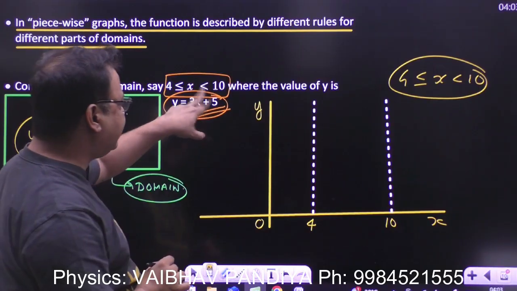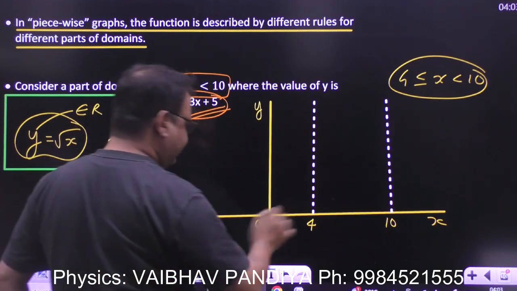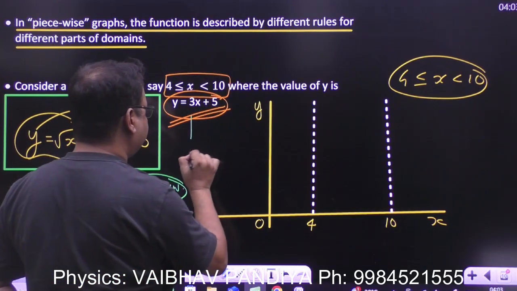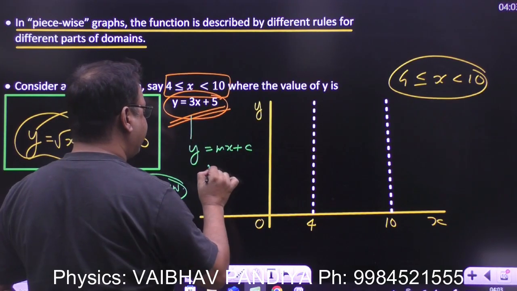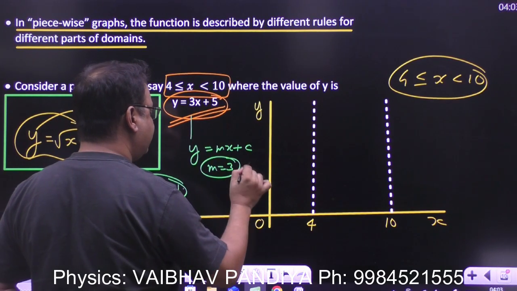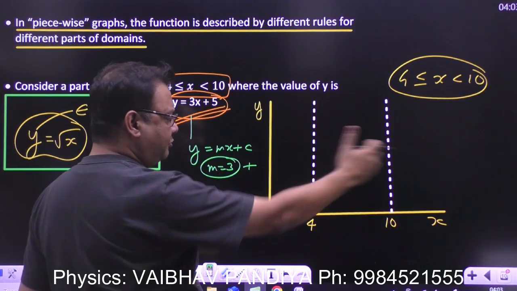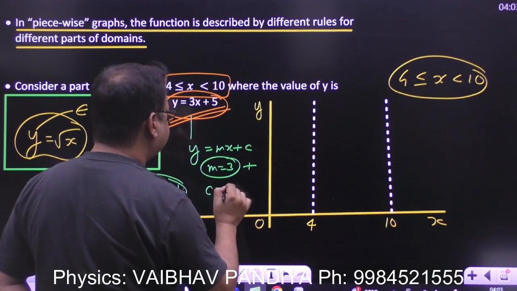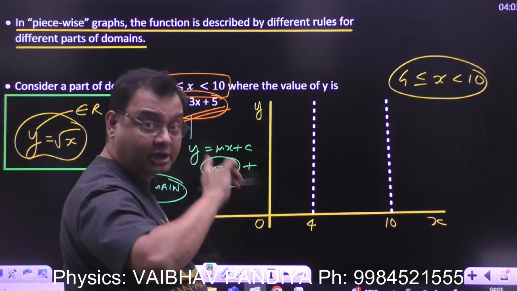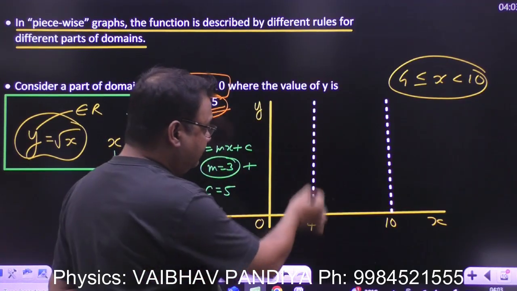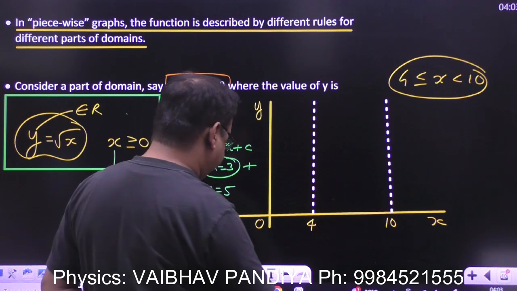Now y is equal to 3x plus 5. As we did in lecture 1, if you compare it with y is equal to mx plus c, the coefficient of x will give the slope, which is 3, positive, so the line will go up as you move right, and the intercept is 5. But we can't make the direct intercept, correct, because we have to start the graph from this line, from the value of x.